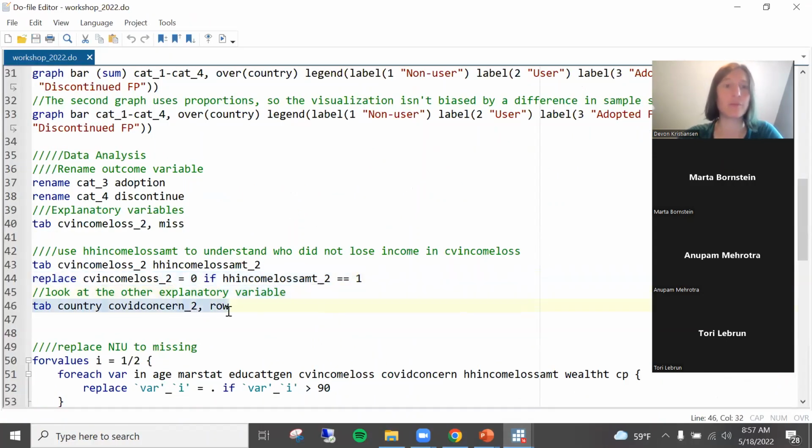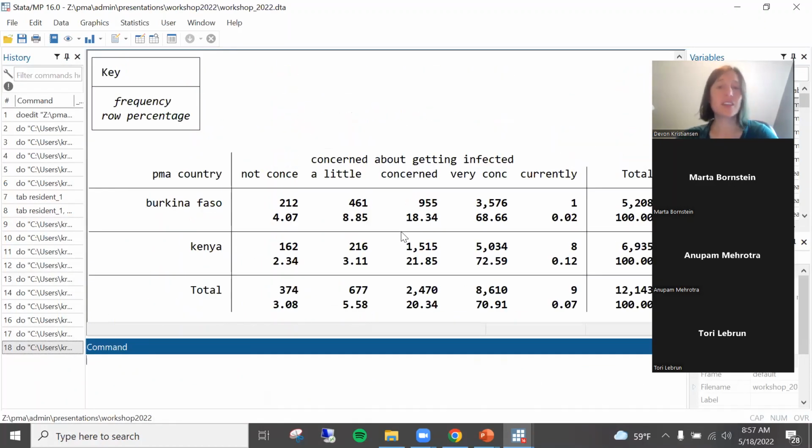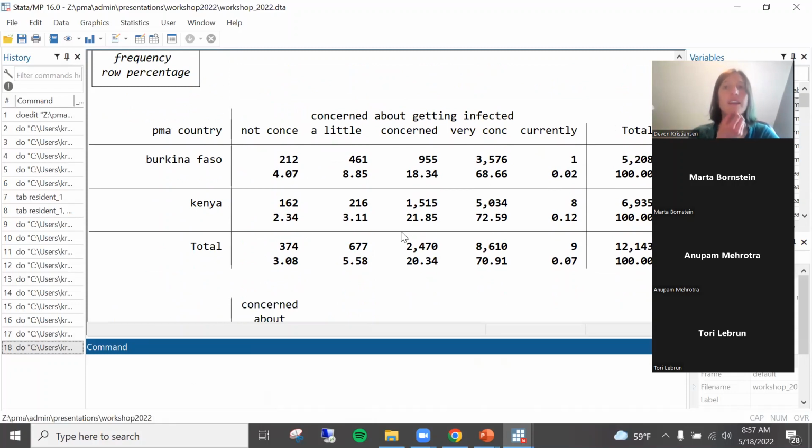So the paper that we are loosely basing this workshop on also used variables such as whether the household is experiencing food insecurity due to COVID, whether the woman was able to social distance, and whether the household income recovered from that initial income loss due to COVID restrictions.